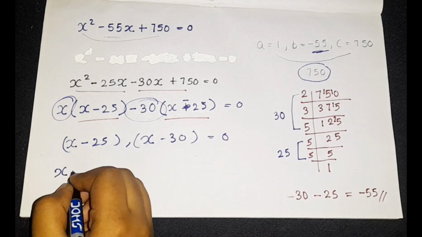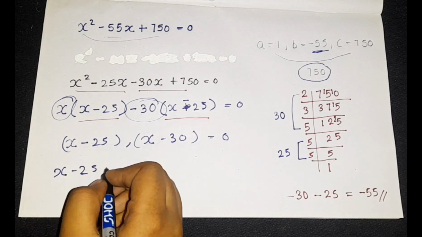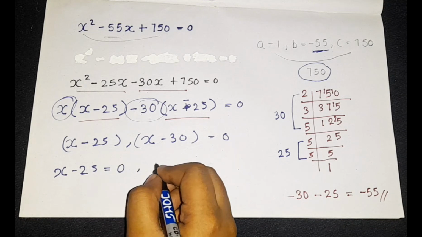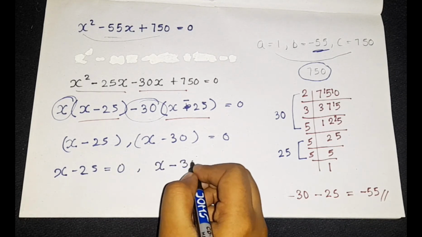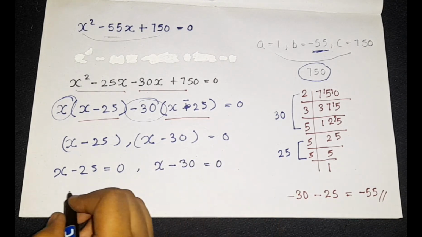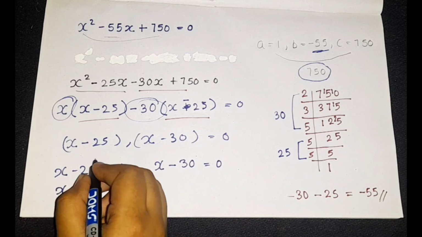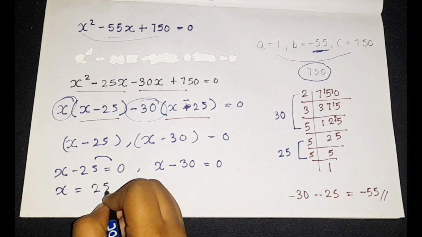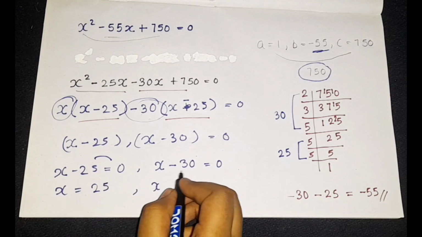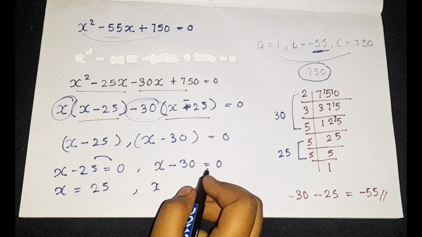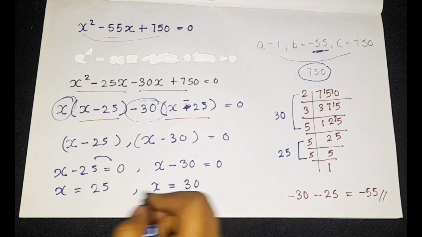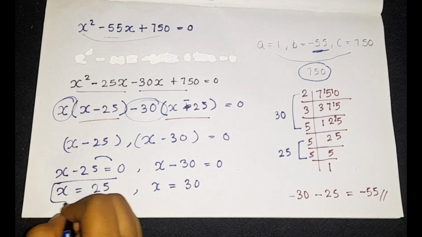So x minus 25 is equal to 0. Here also x minus 30 is equal to 0. So x is equal to, when we get this minus 25 to the right side, it changes into plus 25. So when we get this minus 30 to the right side, it changes into plus 30. Okay, so now we got the x value.